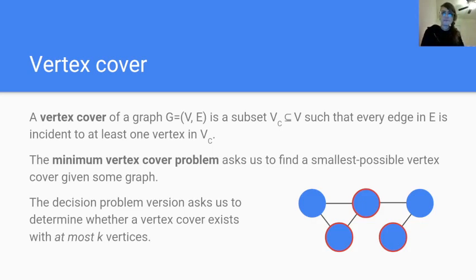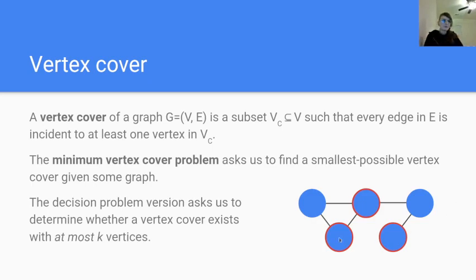Okay, so vertex cover. This is an interesting problem in graph theory. A vertex cover of a graph, G, which has some V vertices and E edges, is a subset V sub C of V, such that every edge is incident to at least one vertex in V sub C, in the subset. So we're taking a subset of the graph, and we want to make sure that every edge in our graph is incident to something in our subset.